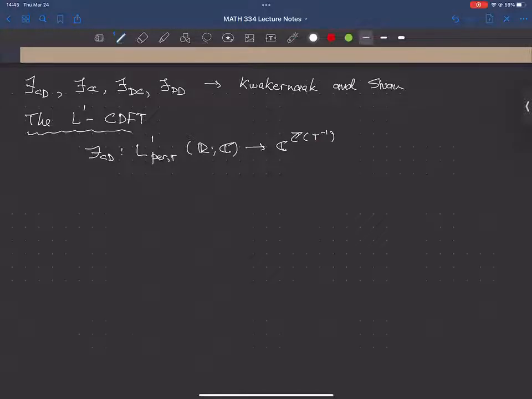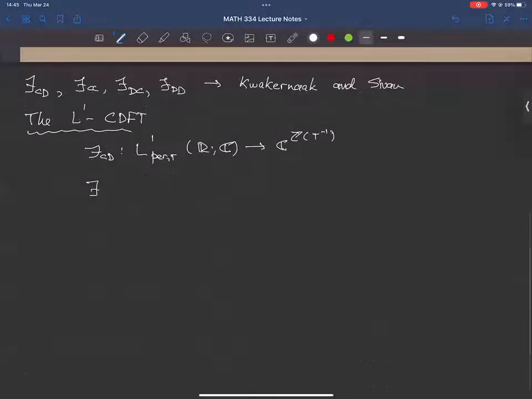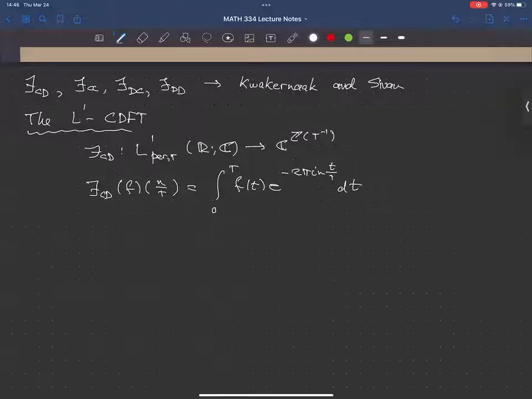Okay, and the formula is, okay. All right, so I'm going to start out by computing a couple of transforms.